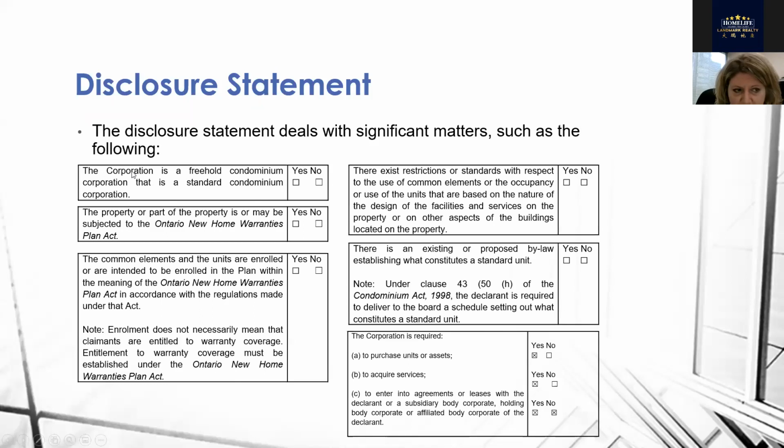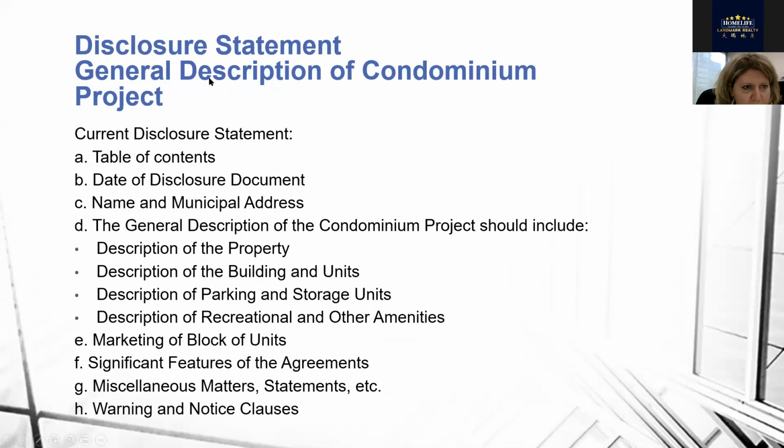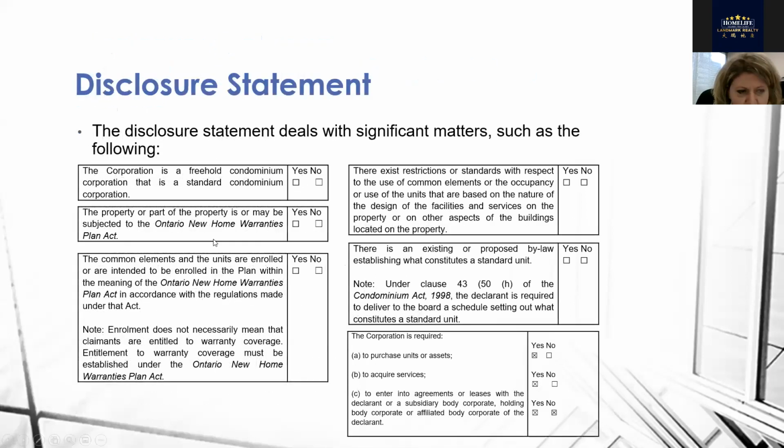It will disclose whether it's a freehold corporation, and whether the property is or may be subject to the New Home Warranties Plan Act, and then the box will be checked by the developer. Then there will be a disclosure if the common elements and the units are enrolled as well. And these are all the other statements that will be disclosed.